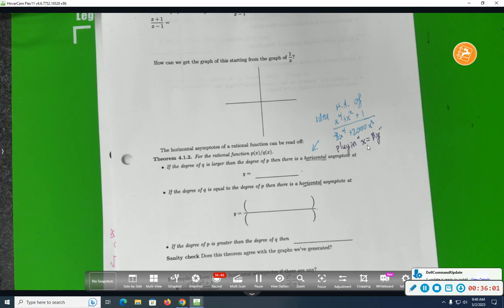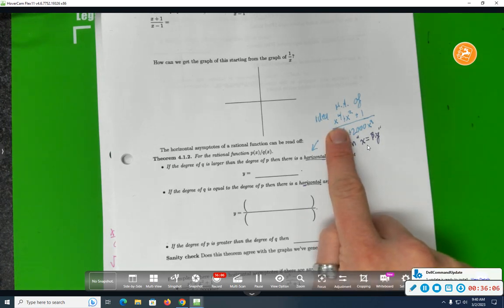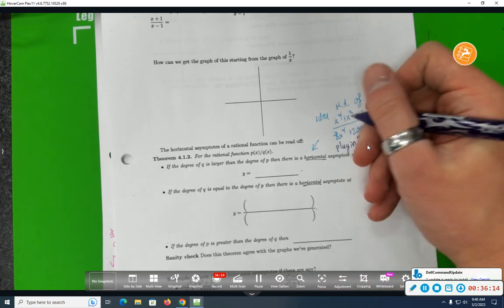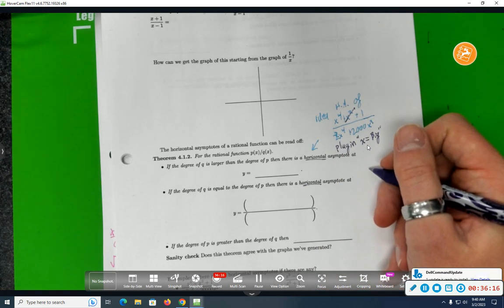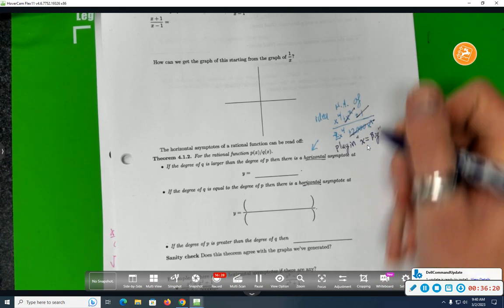This would be an 80-digit number plus a 40-digit number. Does this 40-digit number make any difference compared to the 80-digit number? No. Does that plus 1 make a measurable difference? No. Same thing in the denominator.